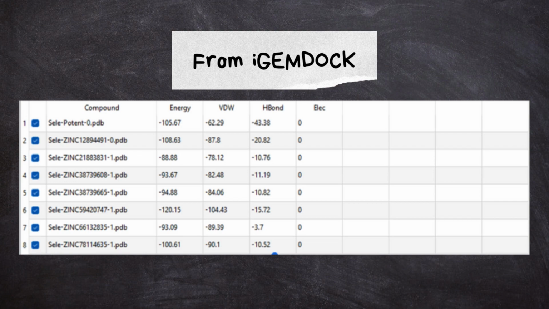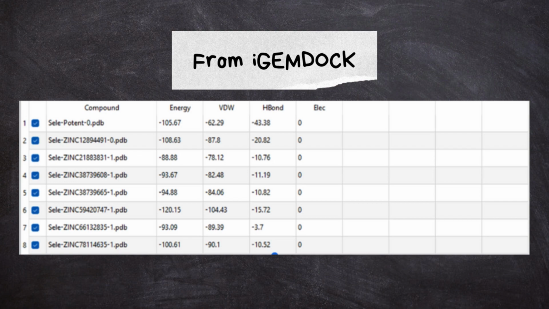And for the reference, we are using the potent inhibitor, which is provided by the doctor, with the energy of 105.67. The one with the higher binding energy is the ZINC 594 with the energy of 10120.15.